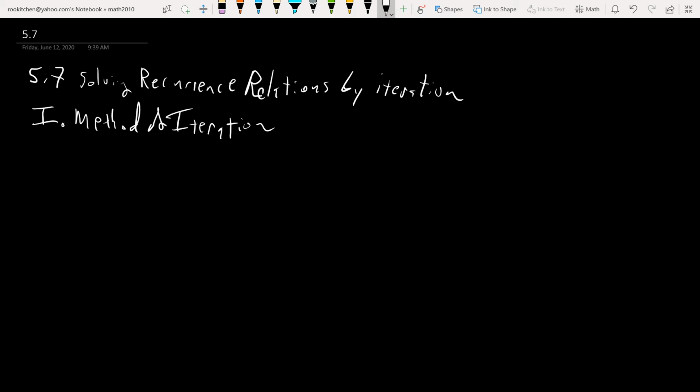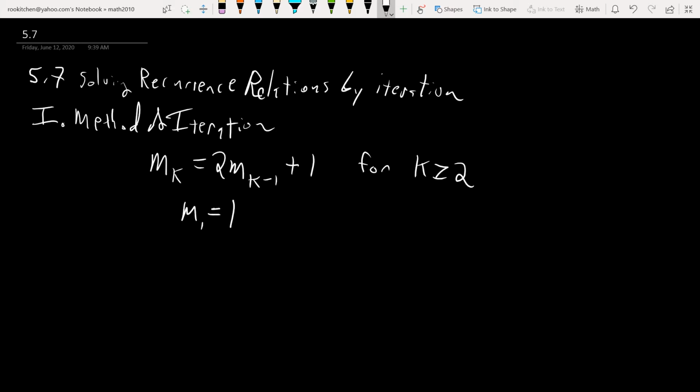Okay, so anyways, let's go back to the Tower of Hanoi. In the last section, we were able to speculate a formula for that: m sub k equals 2 times m sub k minus 1 plus 1 for k greater than or equal to 2, and then we have this initial value of 1. So this is a recurrence relation. What we're after is an explicit formula for this.